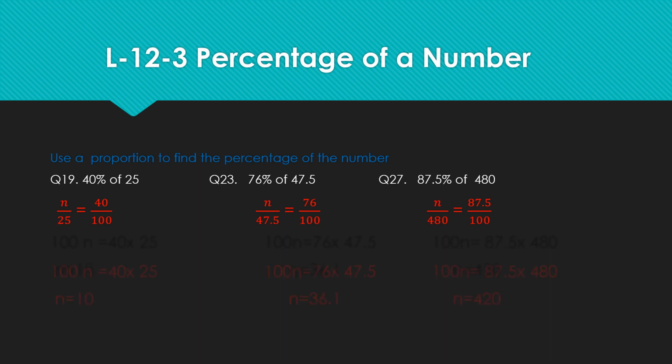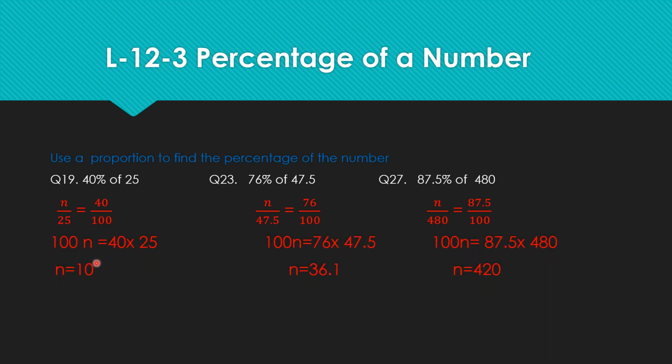Then in this one, how to find? Again with the cross product method. 100 multiplied by n and 25 multiplied by 40. Then what is the answer? You can see here 40 is divided by 100. Then the answer is 10. Here is the same way. The cross product: n multiplied by 100 and 47.5 multiplied by 76.